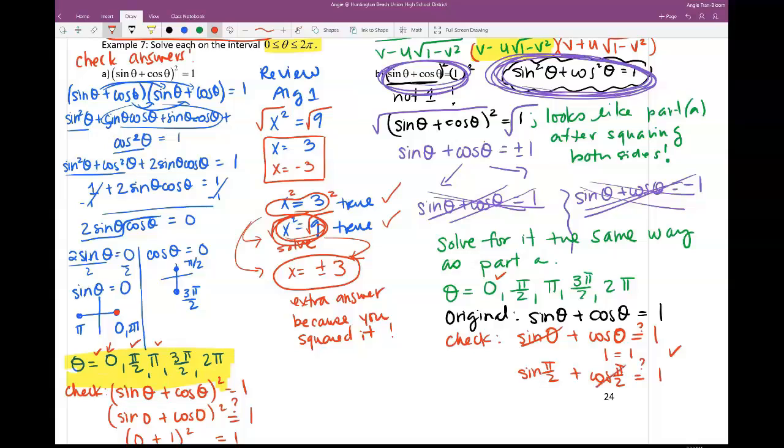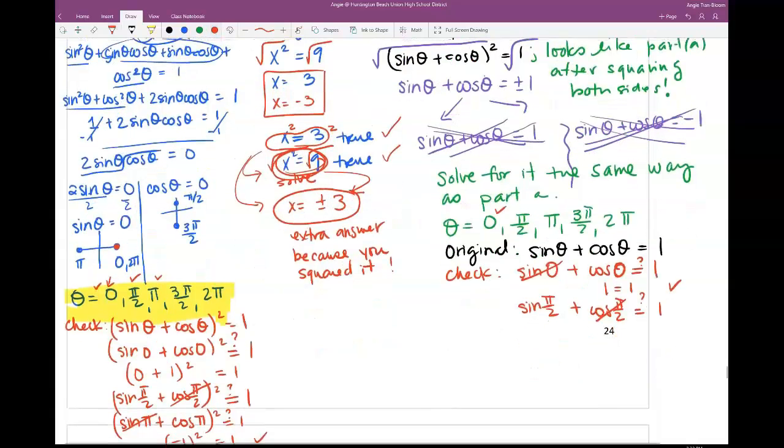Well, cosine of pi over 2 is 0. Sine of pi over 2 is 1, so that's okay. How about pi? Sine of pi plus cosine of pi equals 1? Sine of pi is 0, so that's okay. Cosine of pi is negative 1. Negative 1 does not equal 1, so I can't keep that.